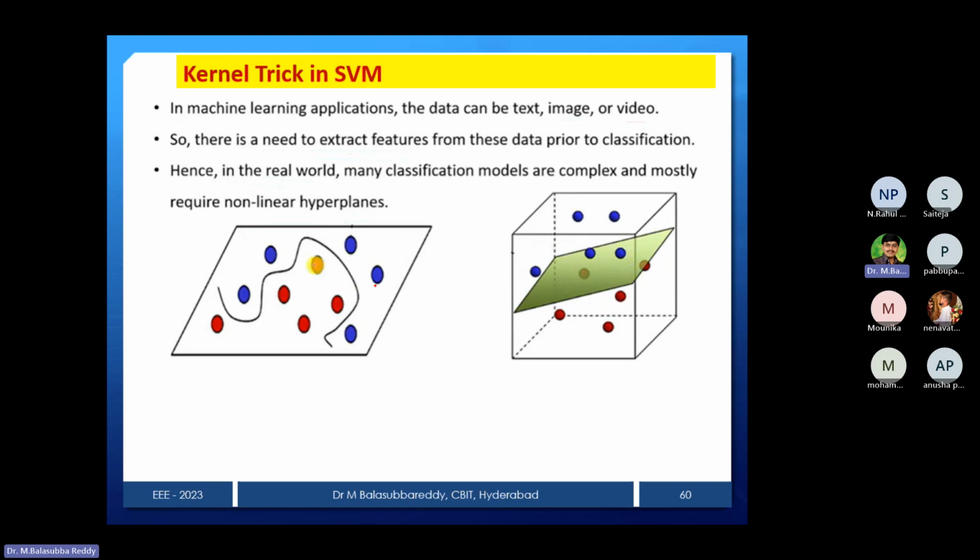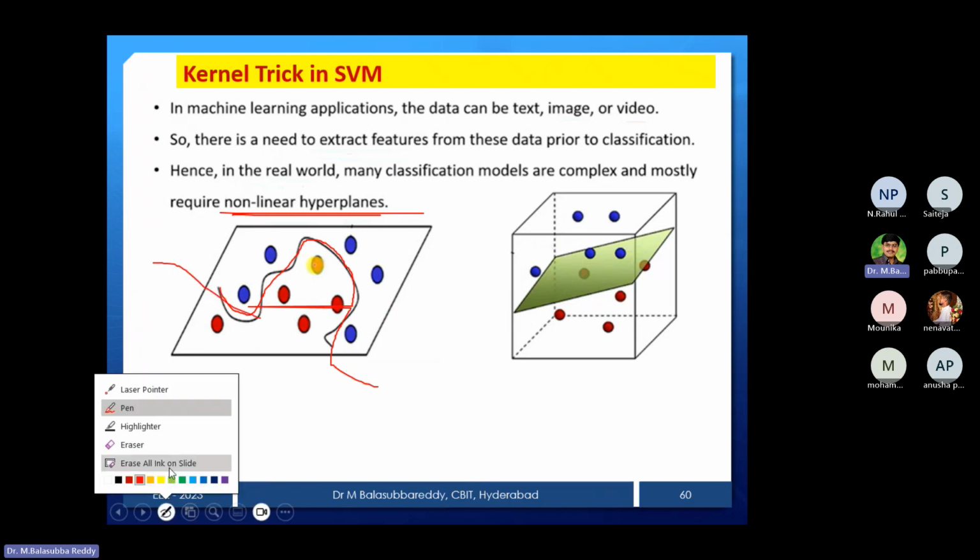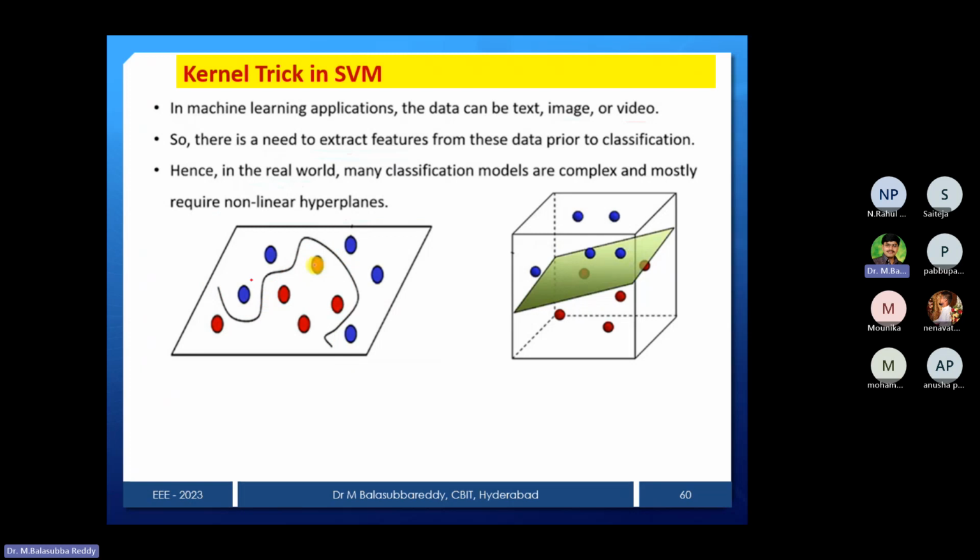So what we need to do is this: all real world problems or classification models are complex and mostly require non-linear hyperplanes. This is what we ought to identify. Wherever the data points are there, if I am able to draw this type of line, this hyperplane, then blue is one category and the inside red is another category.